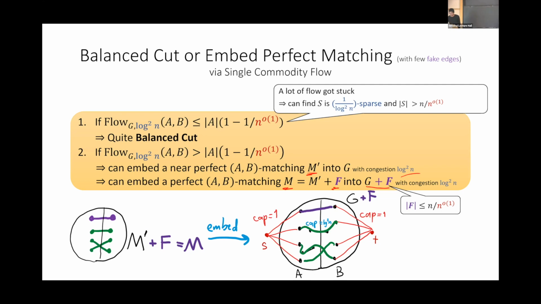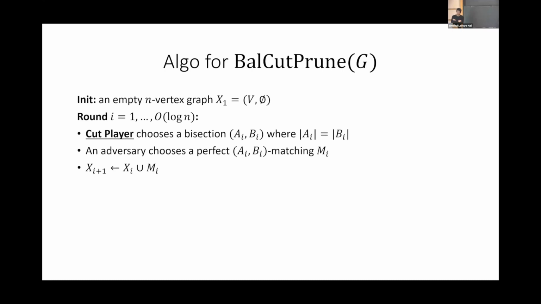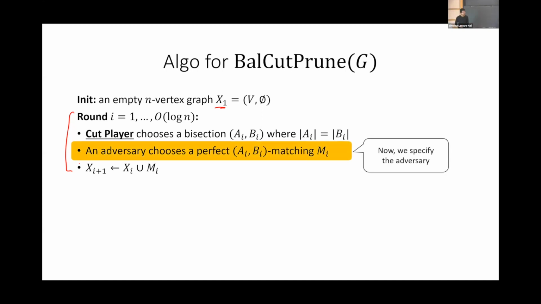Now I'm going to present how to implement balanced cut prune using the cut matching game. The idea is that we're basically going to implement the cut matching game, and there are log n rounds, just like in the cut matching game.